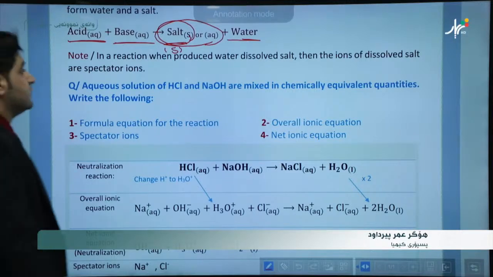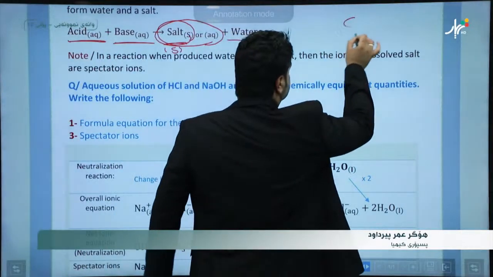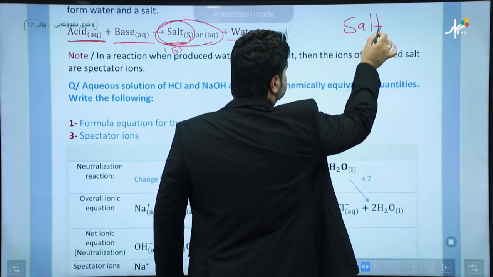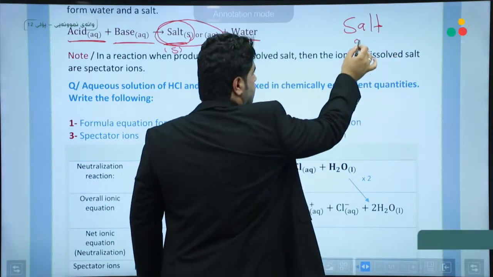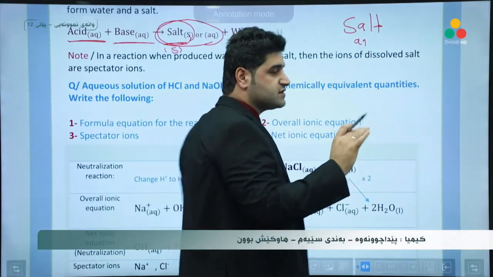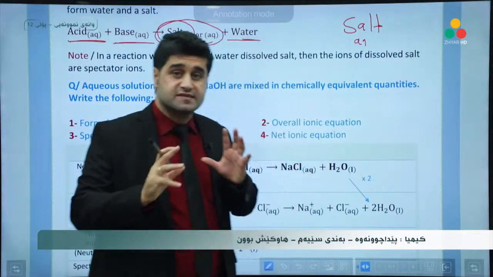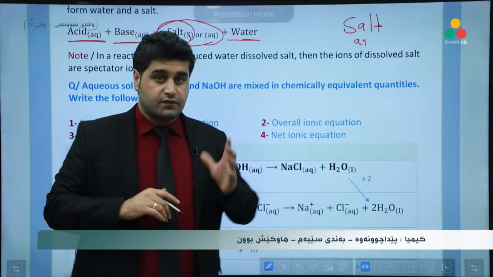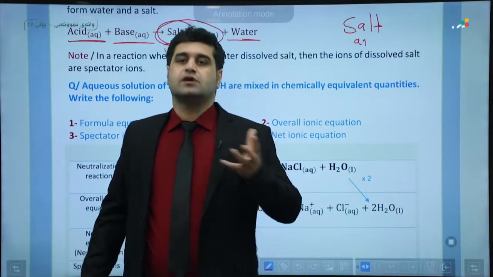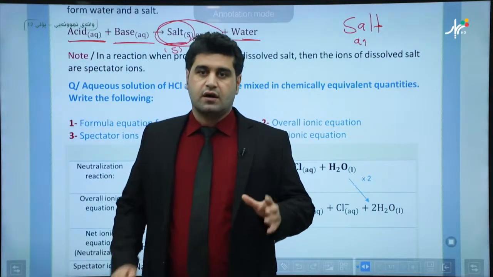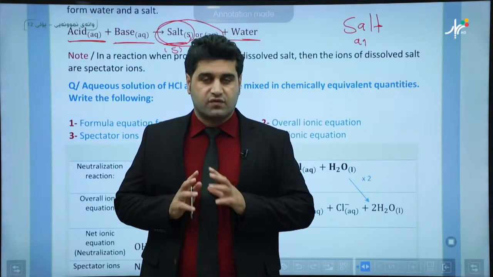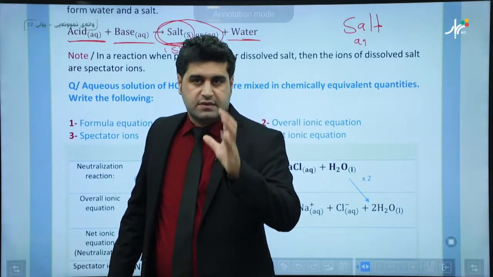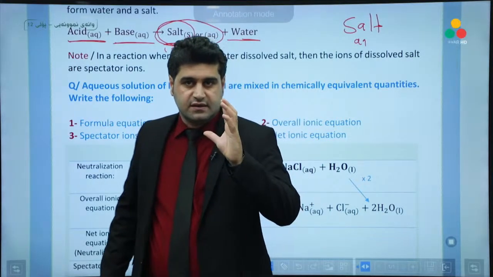If that salt is water soluble, the positive and negative charges of the salt will be the spectator ions. If we have a water soluble salt, the constituents of that salt become spectators. Don't forget that.